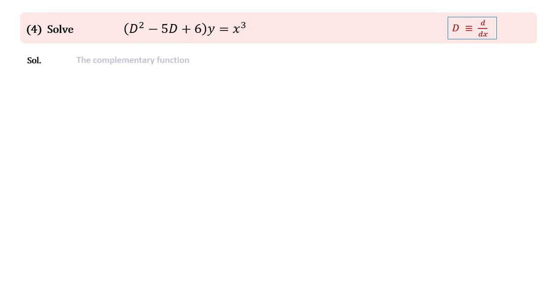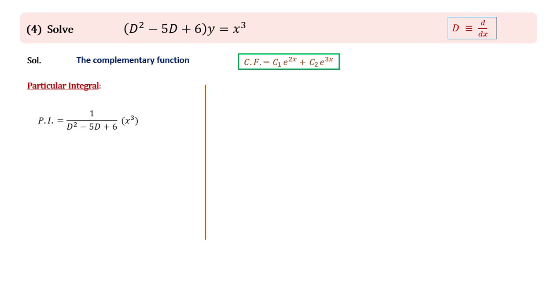Fourth question. The complementary function of the given differential equation is c1 e power 2x plus c2 e power 3x. Now we will find the particular integral of the given differential equation, and we will proceed in the same way as we did in previous questions.